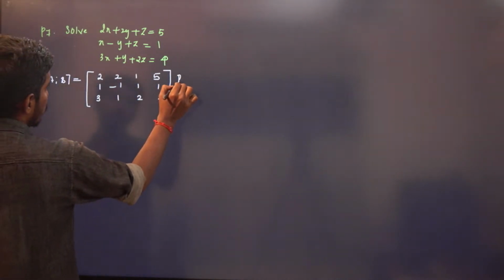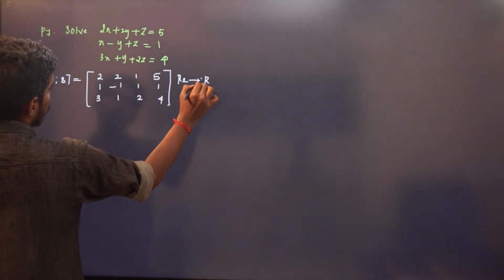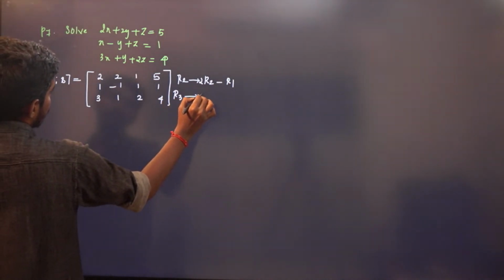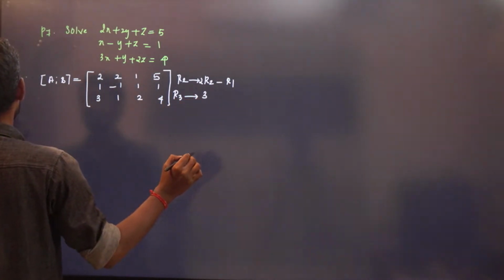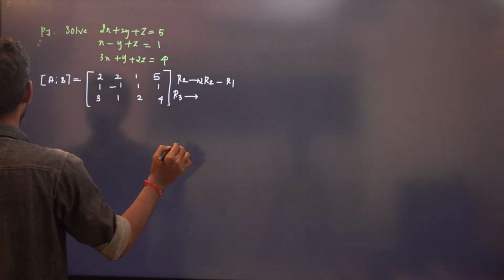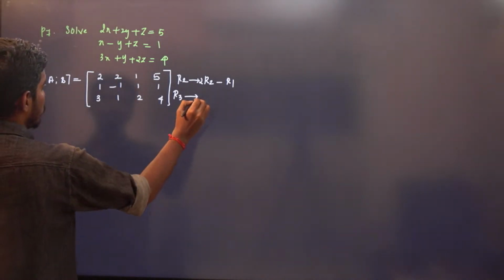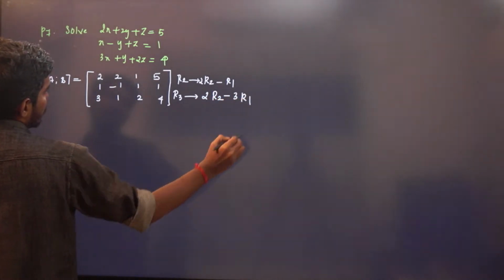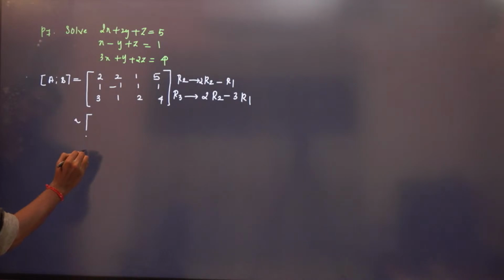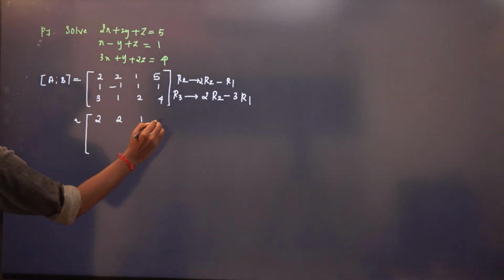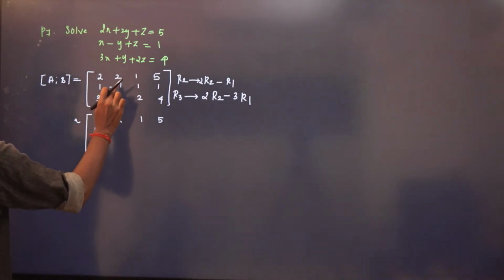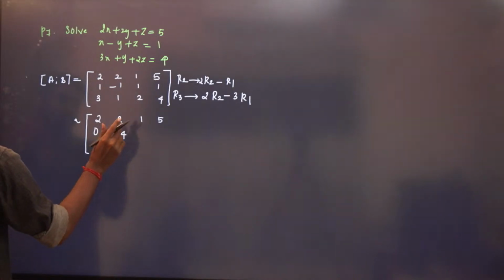So R2 is transformed to 2 times R2 minus R1. R3 is transformed to 2 times R3 minus 3 times R1. So this is equivalent to 2 2 1 5. Multiply 2 and then subtract. Minus 2 is minus 4.